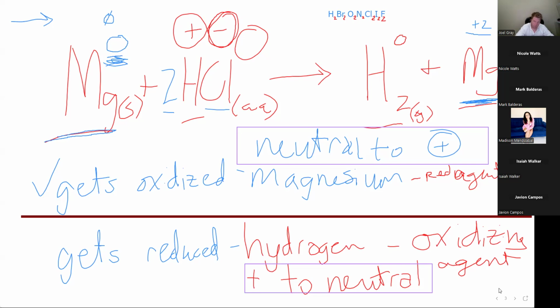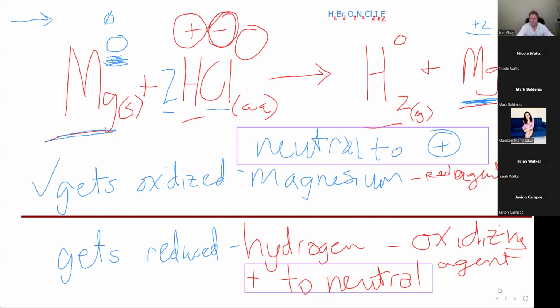Can balanced chemical reactions be infinitely more complicated than what we're looking at right here? Yes, they can be infinitely more complicated. Is that what I'm going for whenever I provide you with a balanced chemical reaction? No, it's not. What I'm going for is, do you understand what's happening?